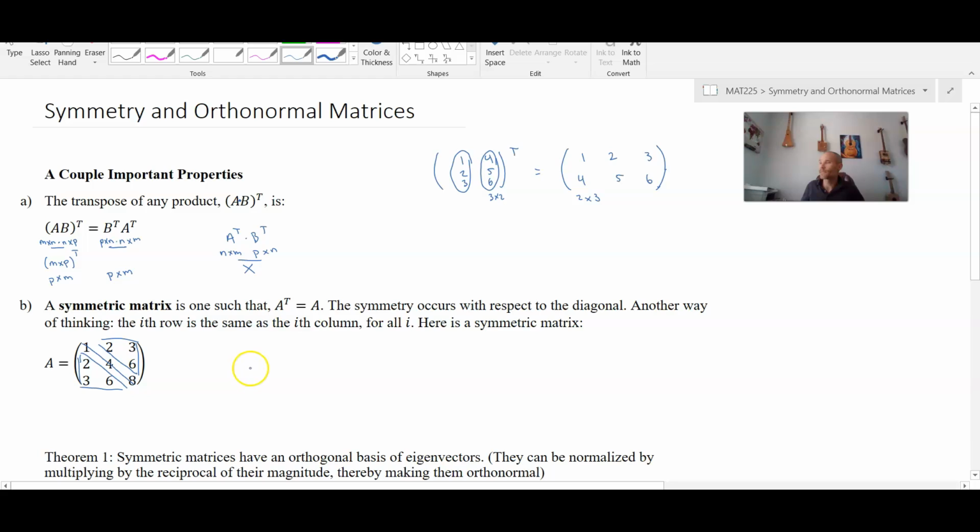Now, if I attempt to transpose this, 1, 2, 3, 2, 4, 6, 3, 6, 8, then by the definition of a transpose, the first column becomes the first row of our transposed matrix. Our second column becomes the second row.